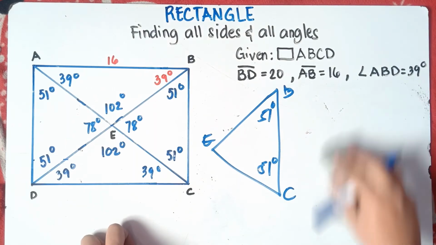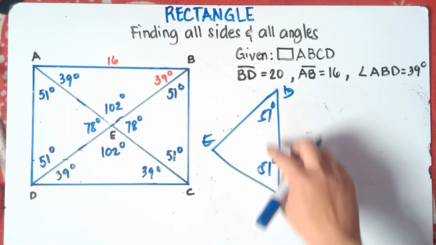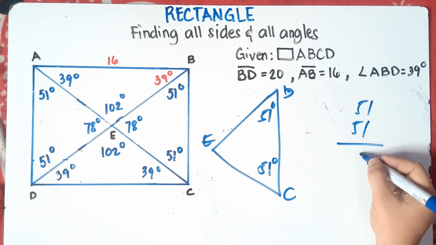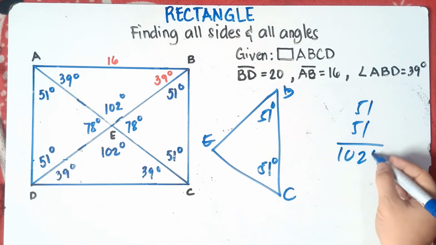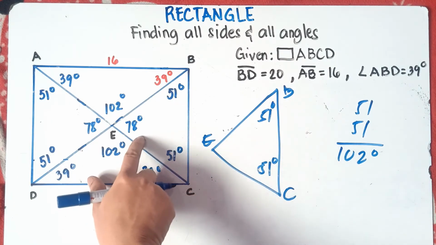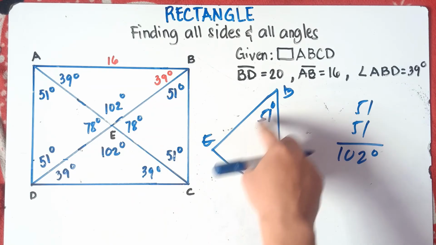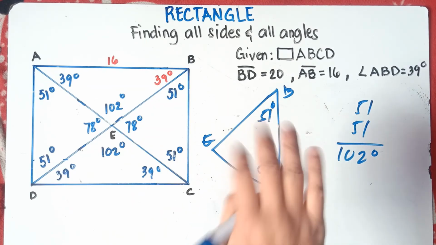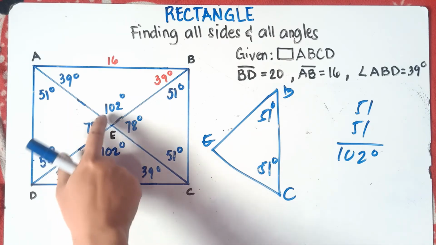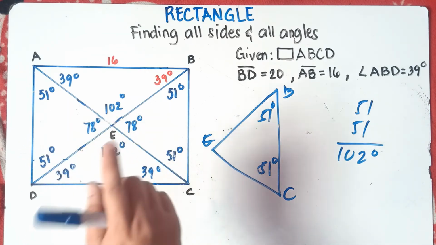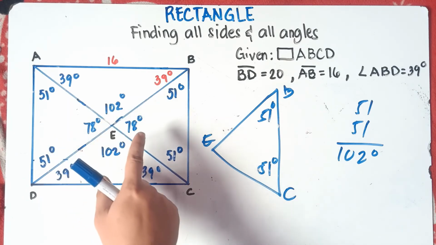So if you add this up, 51 plus 51, that is 102, right? 51 plus 51, 2, 10, 102 degrees. And we subtract it from 180, you will get the same answer, 78. So it will take time if you do it this way, adding this up and subtracting from 180. The thing that I will do, class, I'll just remember the straight line, straight angle. That would be equal to 180. So 180 minus 102, that is 78.